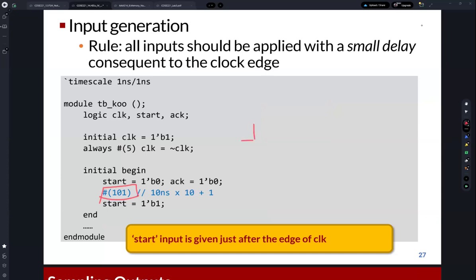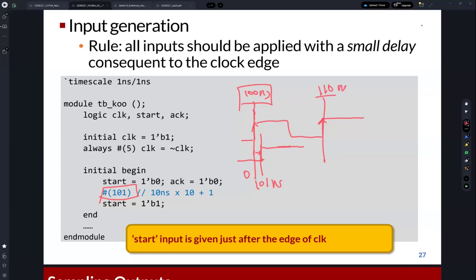We can observe the rising edge of the clock signal at 100 nanosecond, but the input is changed at 101 nanosecond. Then if this input is sampled by this clock signal, at 100 nanosecond the sampled value is 0, and at 110 nanosecond the sampled value is 1.